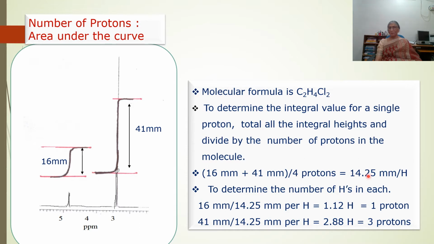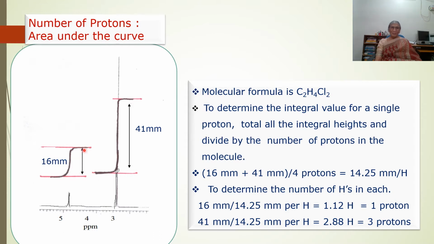So 14.25 mm is the height corresponding to one hydrogen atom. Now from this value, we can determine the number of protons giving a particular signal by dividing the height of the integral. So 16 mm divided by 14.25 gives 1.12, that is approximately 1 proton, 1 hydrogen.